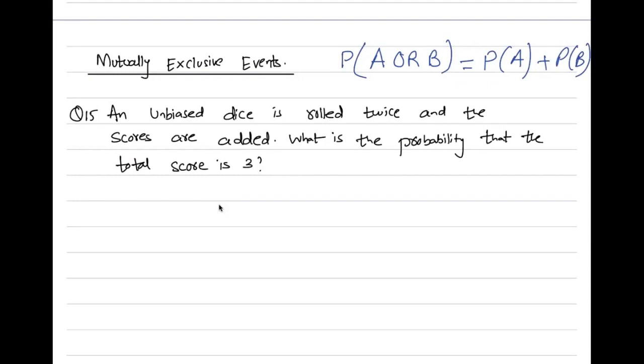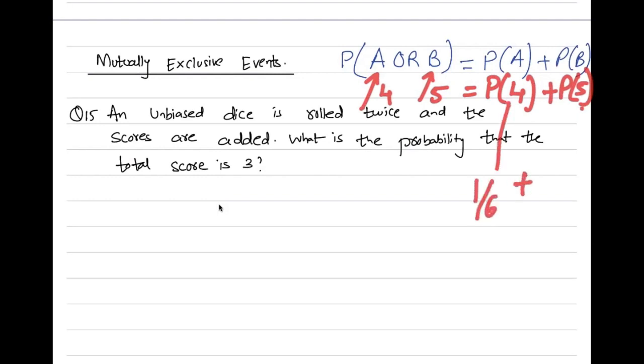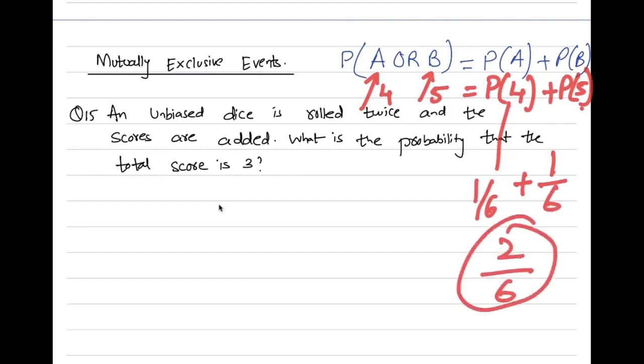The probability of getting a 4 or a 5 is equal to the probability of getting a 4 on the dice plus the probability of getting a 5 on the dice. So the probability of getting a 4 is 1 upon 6 plus getting a 5 is 1 upon 6. That is going to be 2 upon 6.